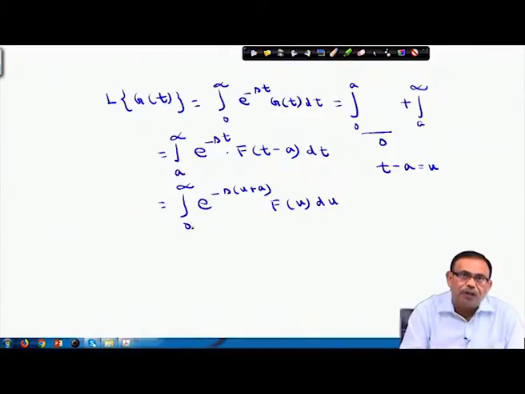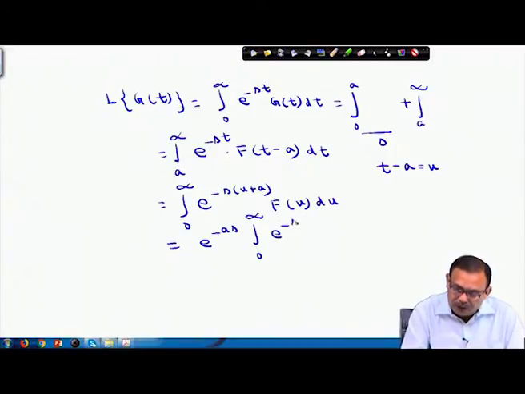The limit has changed from 0 to infinity: at t equals a, u is 0, and at t equals infinity, u is infinity. So e to the power minus a s you can bring outside, leaving the integral from 0 to infinity of e to the power minus s u into f(u) du. And what is this?